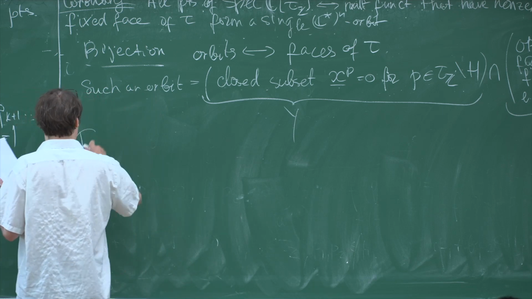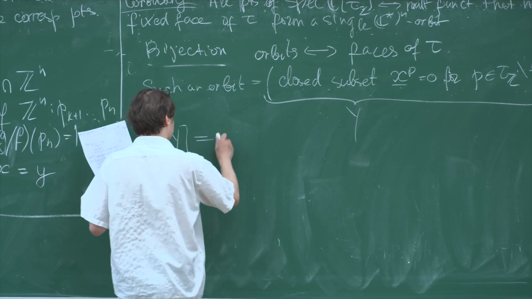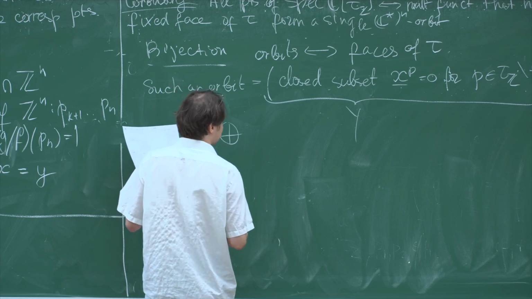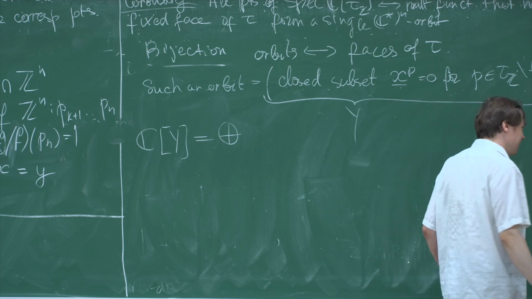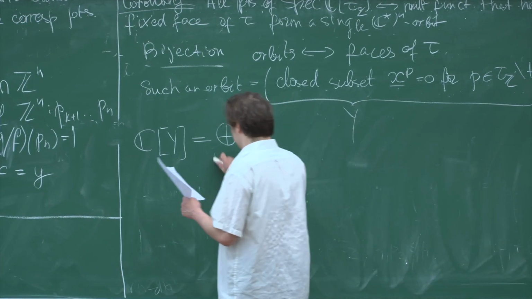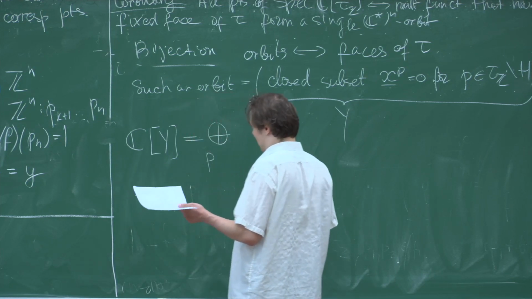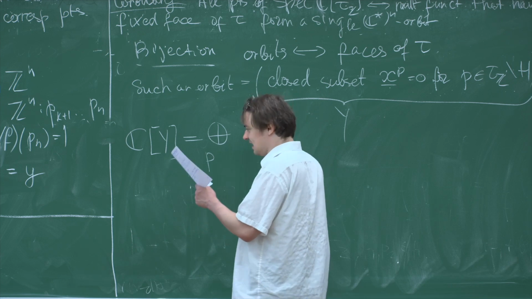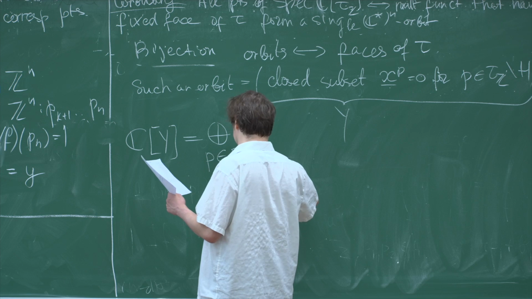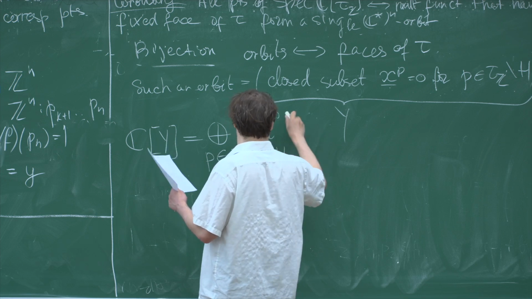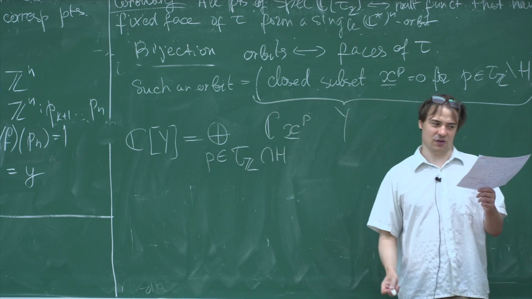So let us look at what this y is now. We see that the algebra of functions on this closed subset y is, well, outside the face we have zeros everywhere, so this is just the direct sum. This is essentially a subalgebra of our function algebra on the variety, namely we take the sum over all points in the face of c times x_p, because outside the face we just have zeros.